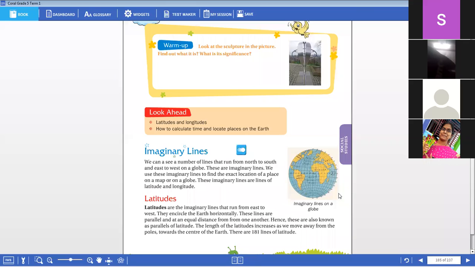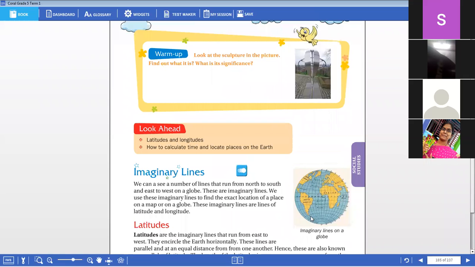These are the horizontal lines, slanting like this, ఉన్న గీతలు. Okay, the vertical lines are drawn from north pole. Children, you can observe here in this globe there are many lines.